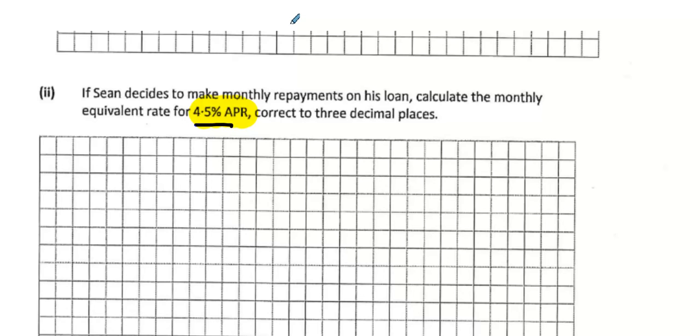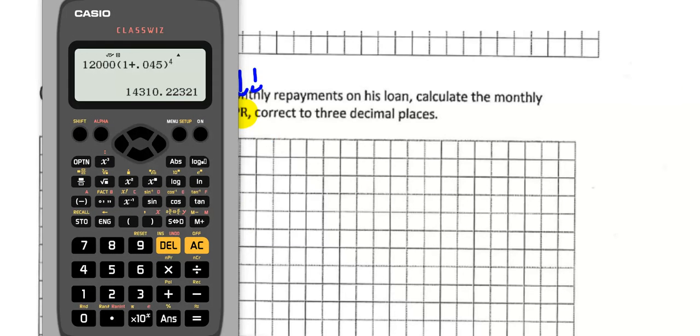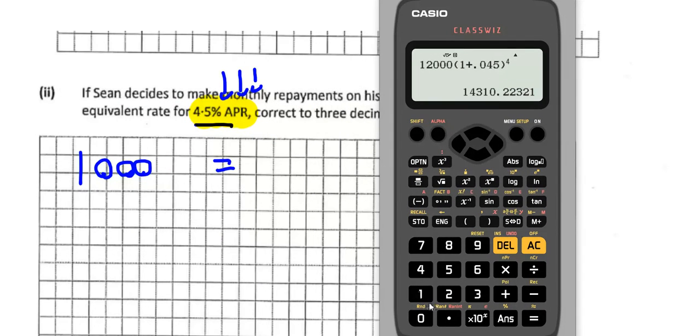So example is if I invested $1,000, everybody happy with $1,000? If I invested $1,000, how much would it be worth at the end of the year if it was 4.5% APR? Increase it by 4.5%. So get your €1,000 and increase it by 4.5%.